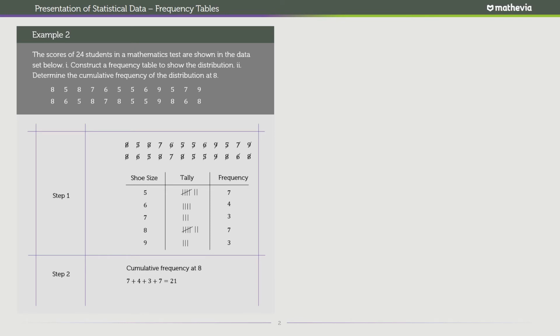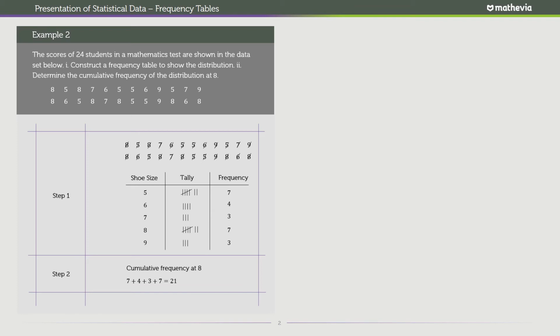So the cumulative frequency at a particular datum is just the sum of the frequencies in ascending order up until that datum, so the data needs to be arranged in ascending order. For the cumulative frequency at 8, we have 7 plus 4 plus 3 plus 7, and that equals 21.